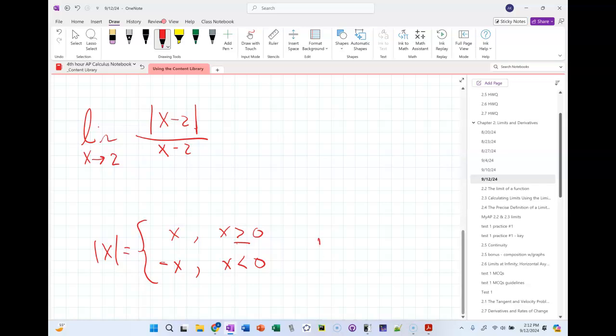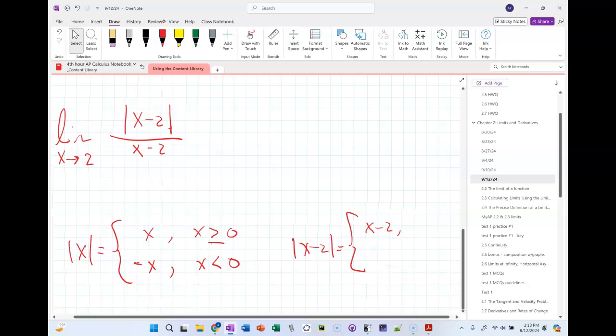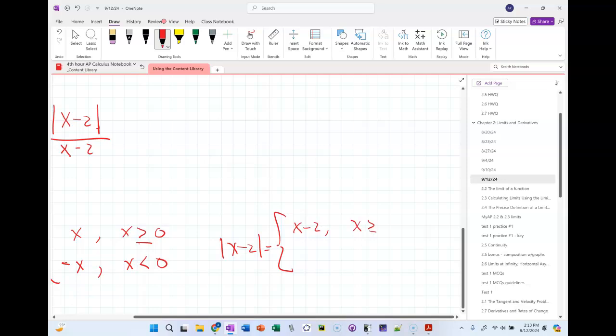So if we do that same idea now for the absolute value of x minus 2, I get just whatever x minus 2 is, provided x is greater than or equal to what? 2, right? Anything 2 or bigger, I'm going to get a positive number out. So just leave it alone. And then what should I do if it's less than 2?